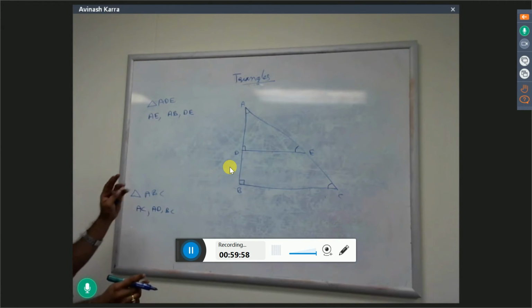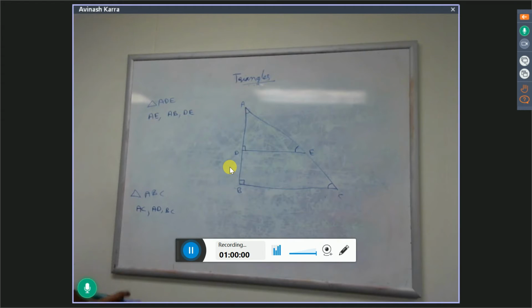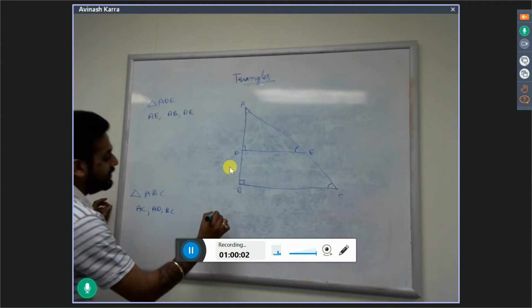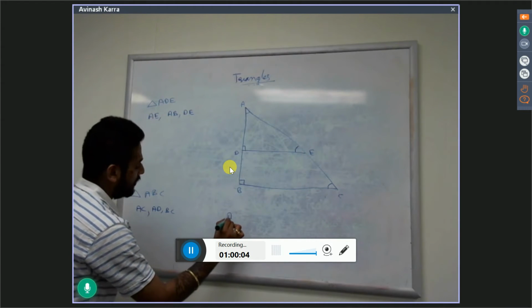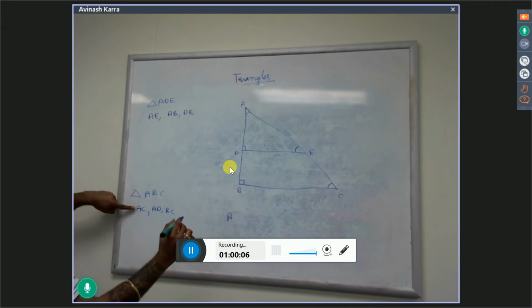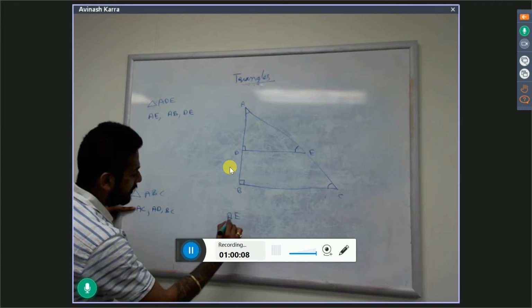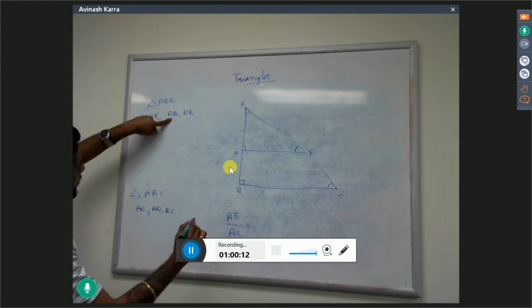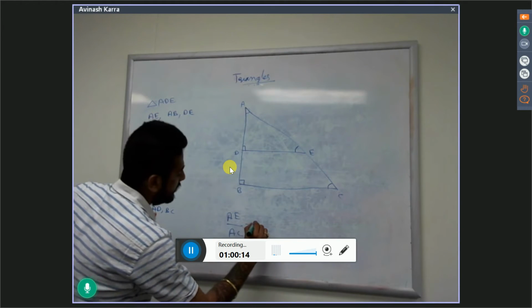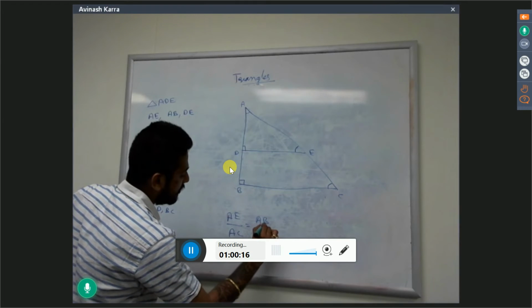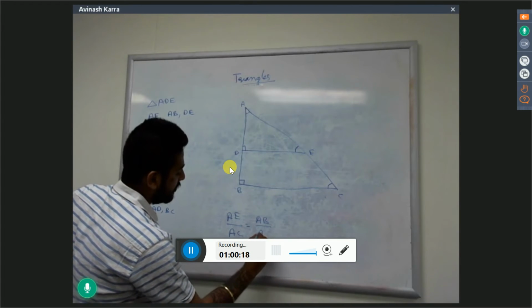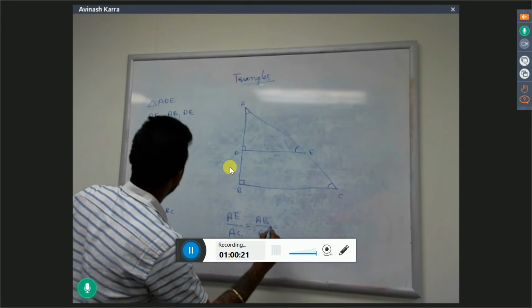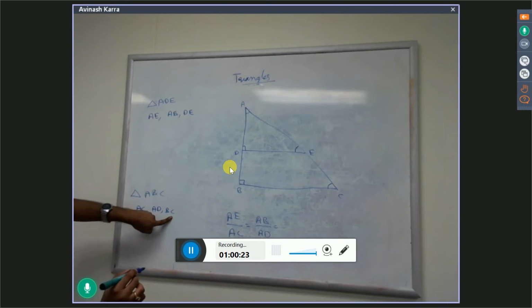So you can say two triangles are similar only if AE by AC equal to AD by AB equal to DE by BC.